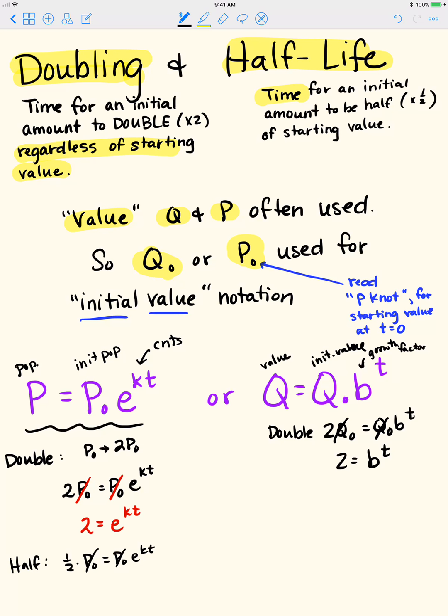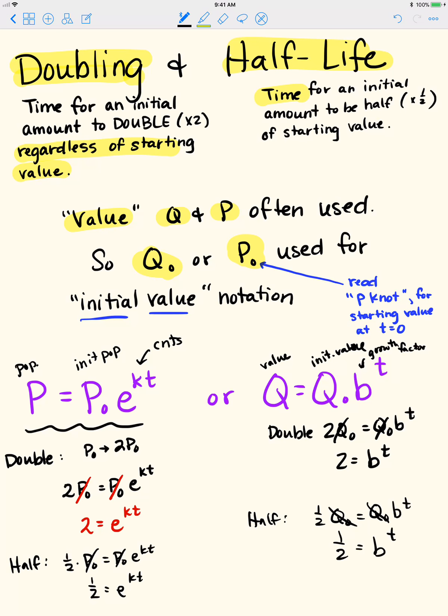Again, the P naught variable divides to 1, and you're just left with 1/2 equals e to the kt. Or on the other equation, if you half the initial value Q, the Q initial values cancel, and you're left with 1/2 equals a growth factor to a power. And in either case, you're going to solve for the time that it takes for that half to exist.